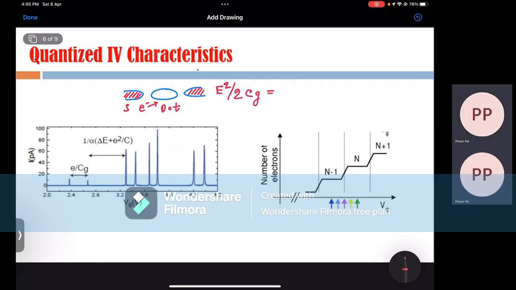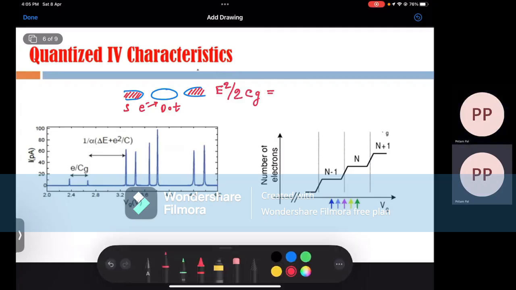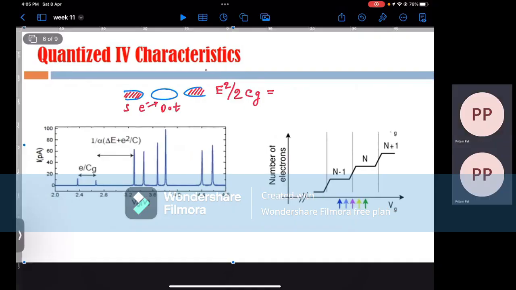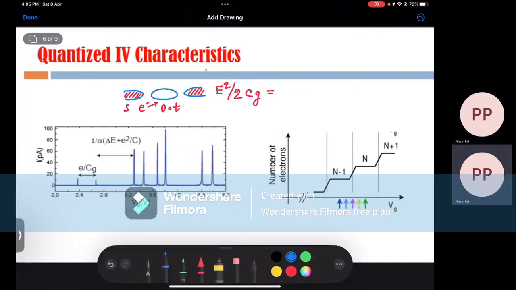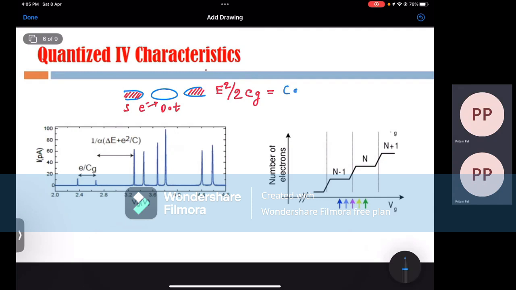This much Coulomb energy you need to supply to the system, right?